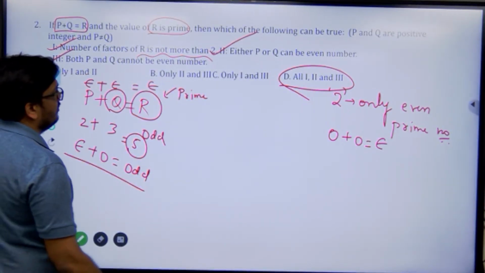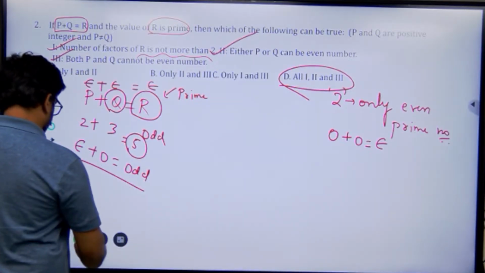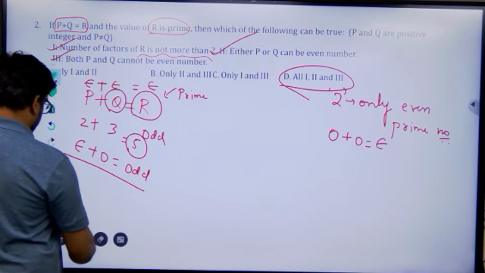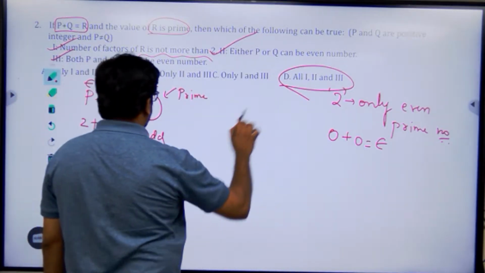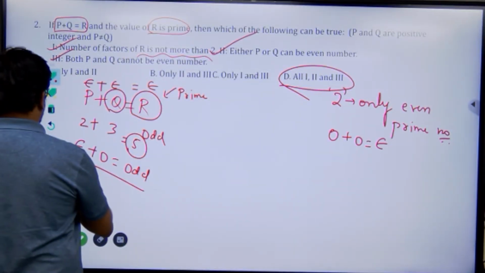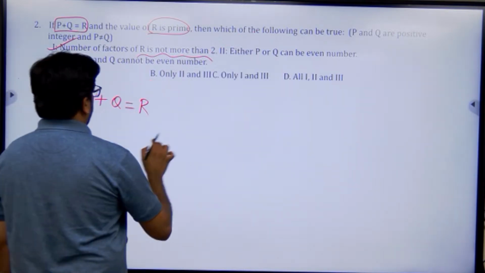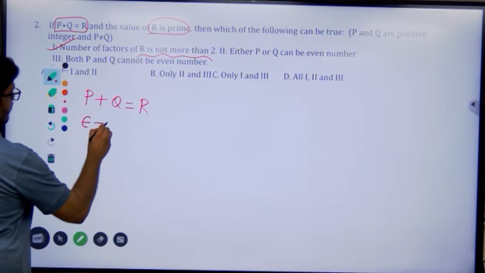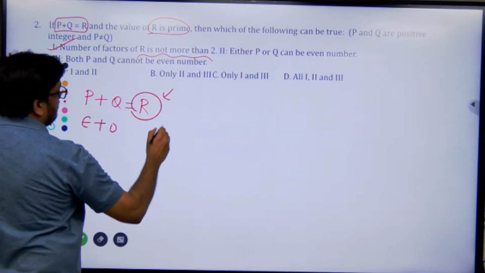Listen here, they are telling both P and Q cannot be. Either P or Q means it is the converse, so it is wrong. One can be even number. Even plus odd, R they are telling is prime.